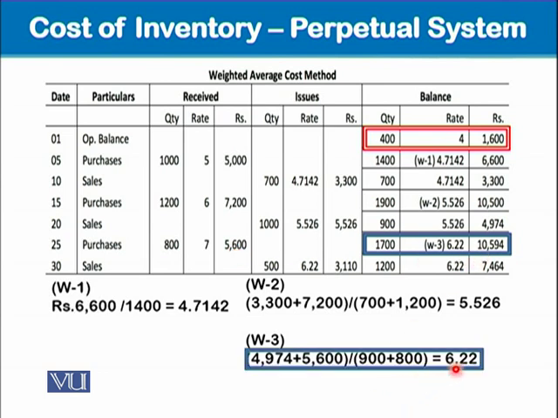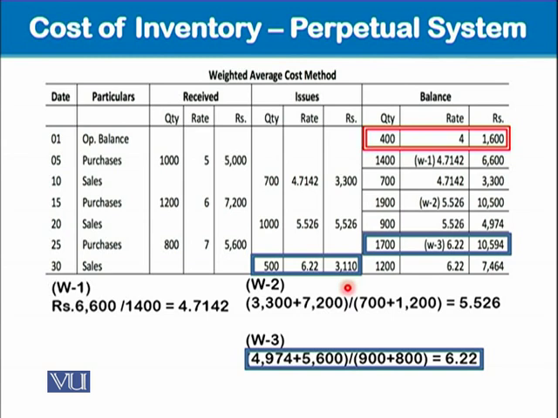And here we go for its calculation of unit cost. 10,594 divided by 1,700, okay, gives us 6.22. And this issuance of 500 units will be made at 6.22, which gives us 3,110.